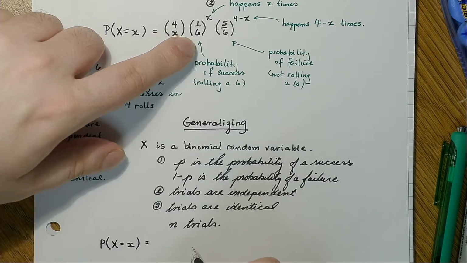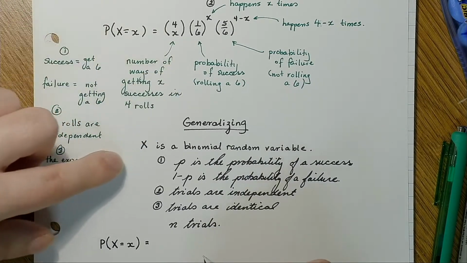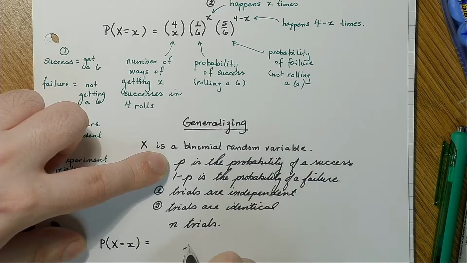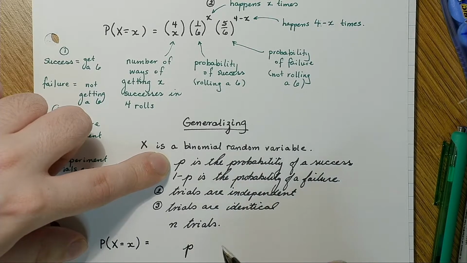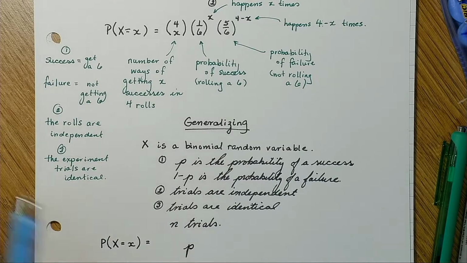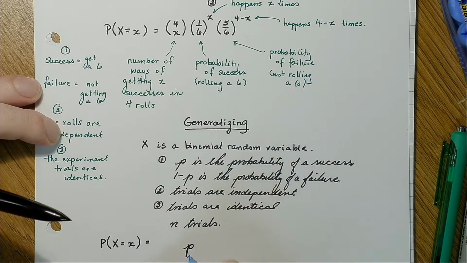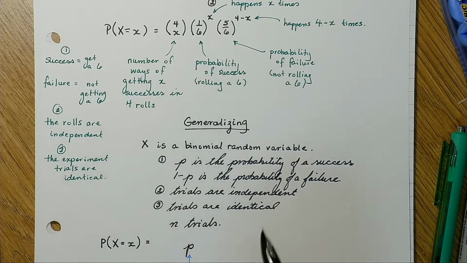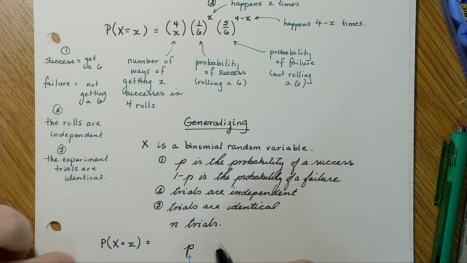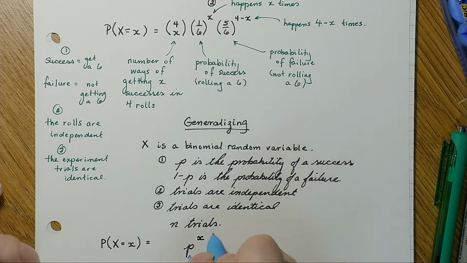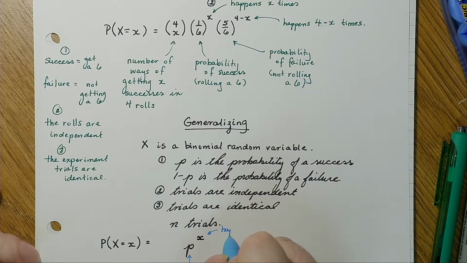Let's start with the probability of success, which we're going to define as P. So I can put that down here, and we're going to raise it to the X, because this happens X times.